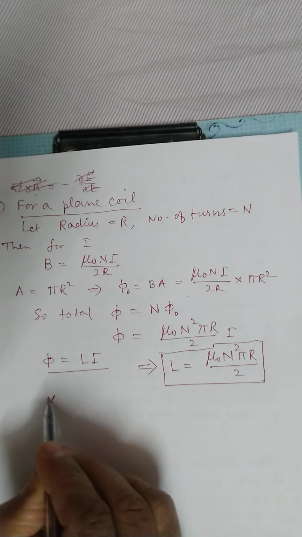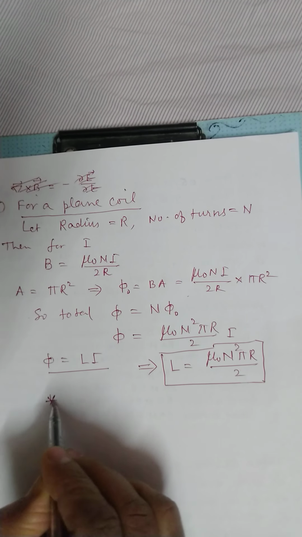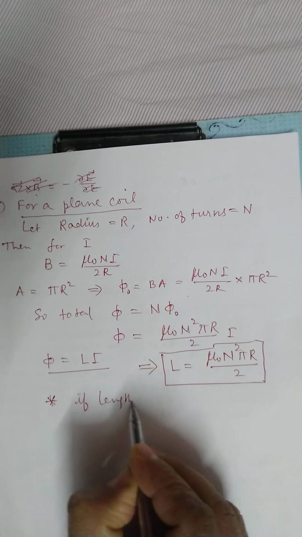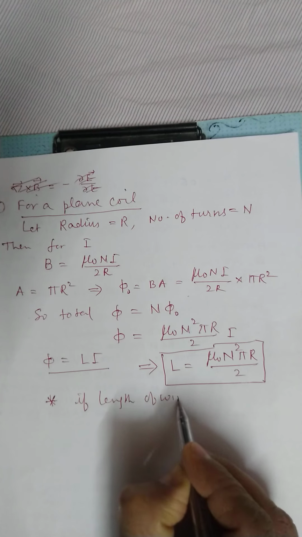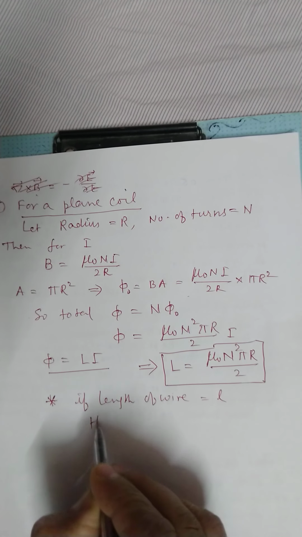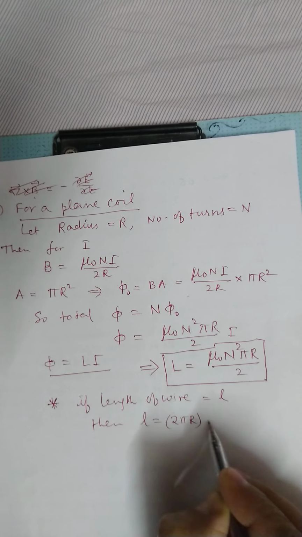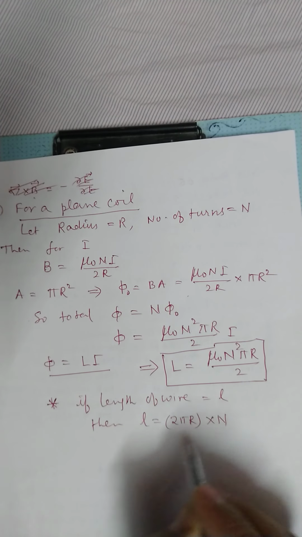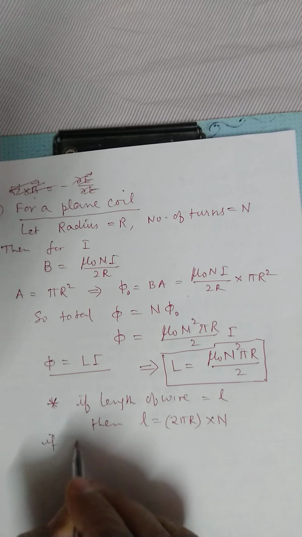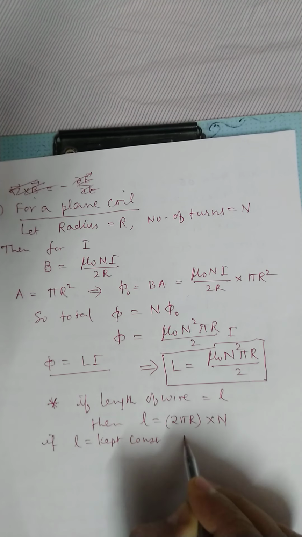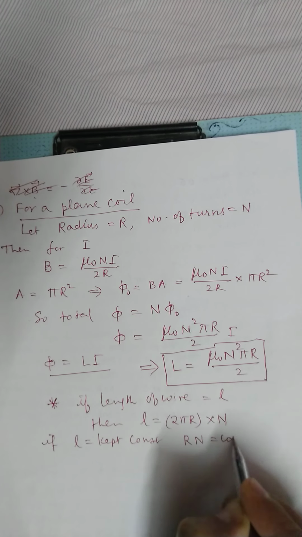But sometimes a very interesting question is asked: if the length of wire used is small l, then what do you mean by l? Length of one turn into number of turns. So if l is kept constant, be careful, R into N is constant.